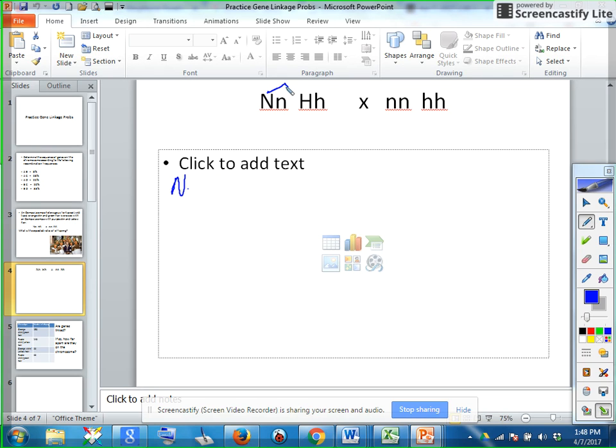Remember possible combinations. So first, big N, big H. First, second, big N, little h. Second, first, little n, big H. Second, little n, little h. And because all four of those are different, we need all four possible combinations.